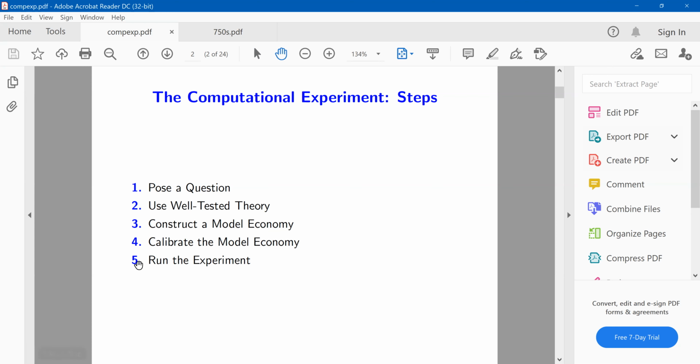And finally, after knowing the question, knowing the theoretical foundations, having a model economy, and calibrating it, we finally run the experiments, right? So we want to simulate the economy, and we want to see how, when I change stuff within the model, this is related to my question, okay?